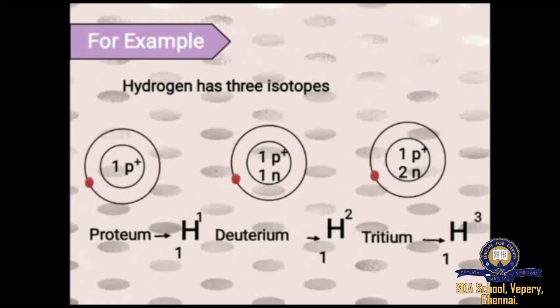In the nucleus, 1 proton and 2 neutrons are present. So it is H 1 3. Atomic number is 1, mass number is 3. So this is an example for isotopes. Hydrogen has 3 isotopes: protium, deuterium and tritium.